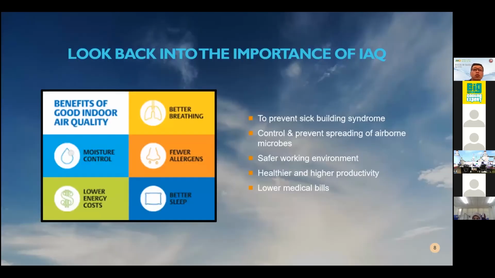So look back at the importance of IAQ. If you have bad IAQ, a bad ACMV system or centralized system, this could cause sick building syndrome. So how to prevent it? We have to look into the building ACMV system, to control and prevent the spread of airborne microbes. Microbes are pathogenic microorganisms. This is to enhance a safer working environment, healthier and with higher productivity.